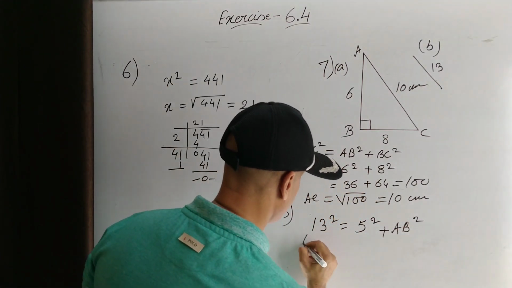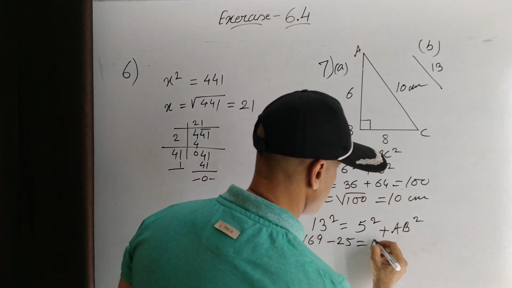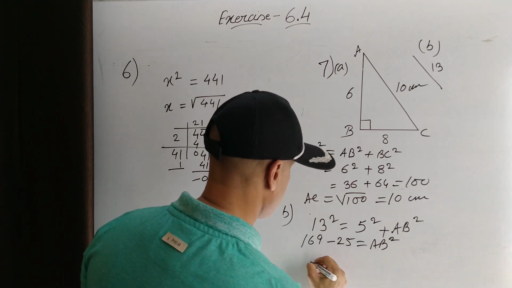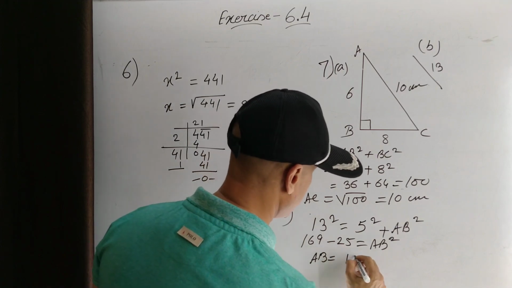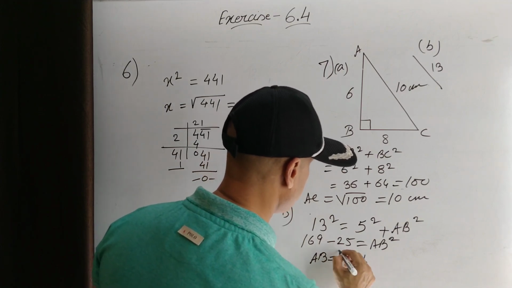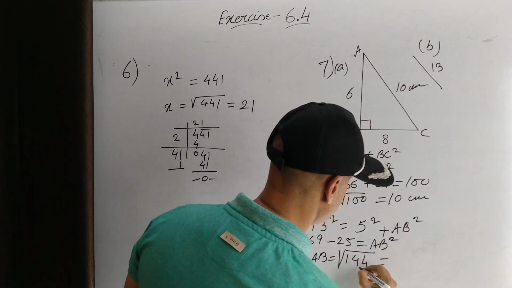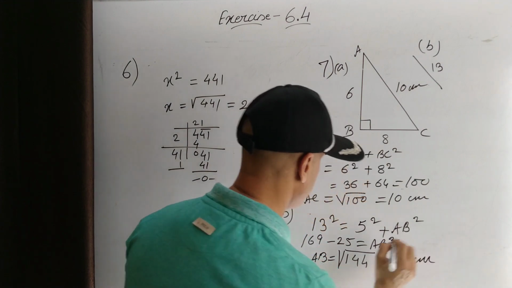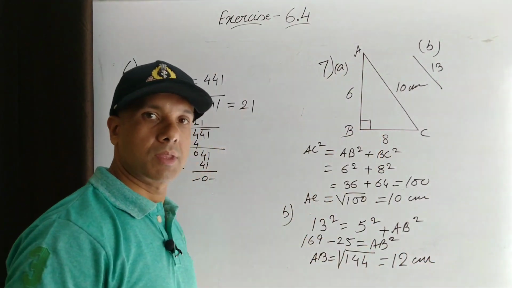So we'll have 169 minus 25 is equal to AB square. Hence AB will be equal to, we'll get 144 in this case, and inverse operation, so under root. So AB will be equal to under root 144, that is 12. This is centimeter. So length of AB in this case will be 12 centimeters. Clear?